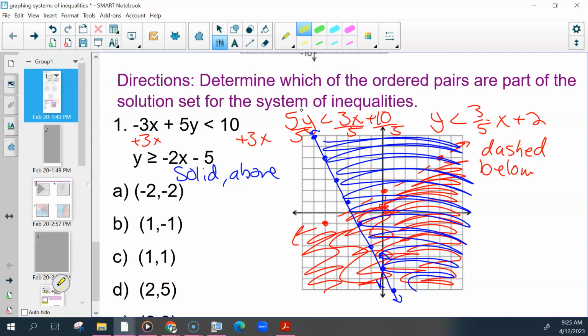If you're using two different colors, then it's easy to see where they overlap. But the goal is to find where the two shading solution sets overlap. If you're using just one color or maybe making one darker, you may want to highlight this area to show that this is the solution to the system of inequalities.